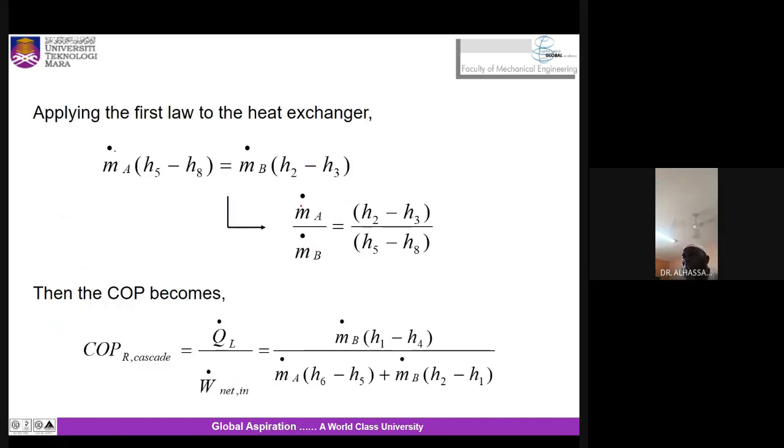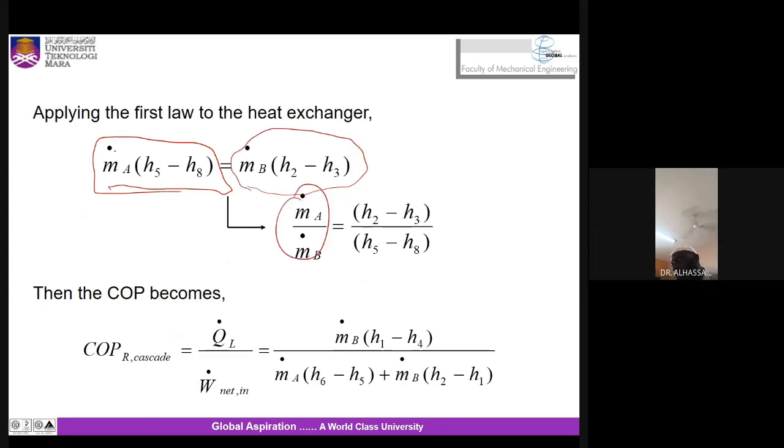So that's what we have written over here. The amount of energy absorbed by refrigerator A equals the amount of energy released by refrigerator B. So the ratio of their mass flow rate gives us the ratio of this enthalpy.